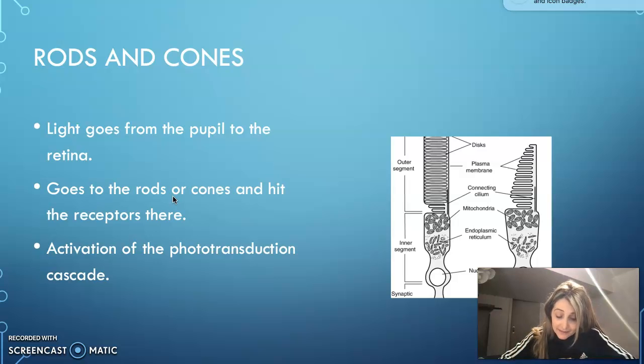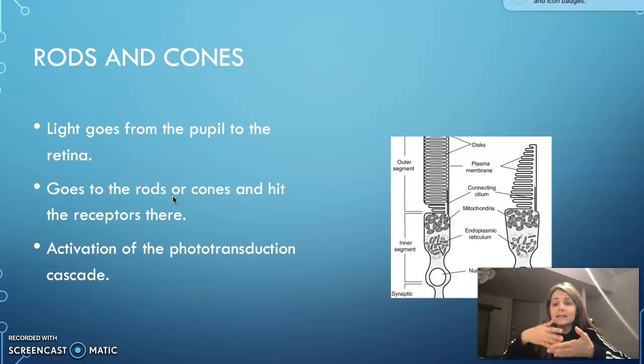These proteins are called rhodopsin in the rods and photopsin in the cones. Inside these proteins on the disc are little molecules called retinal. These retinal molecules within the photoreceptors are bent in shape, called an 11-cis shape.